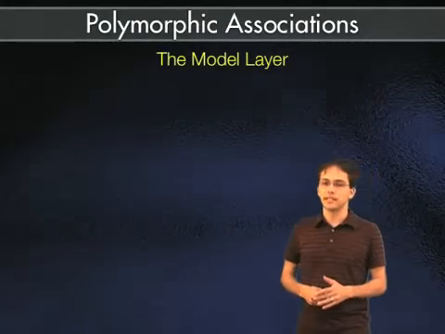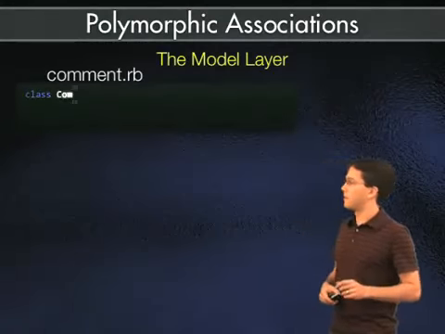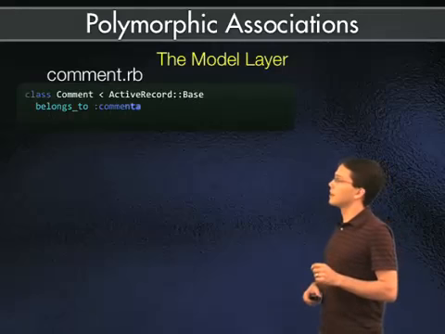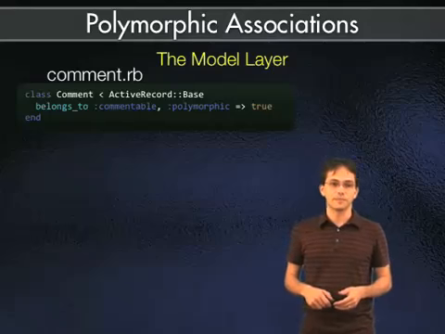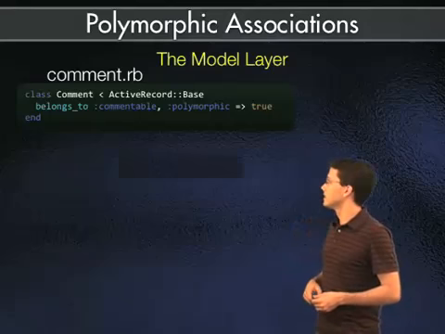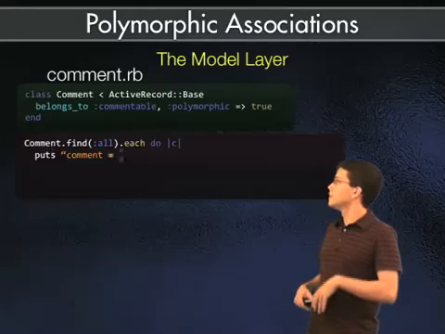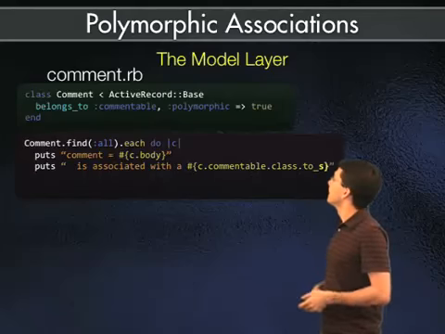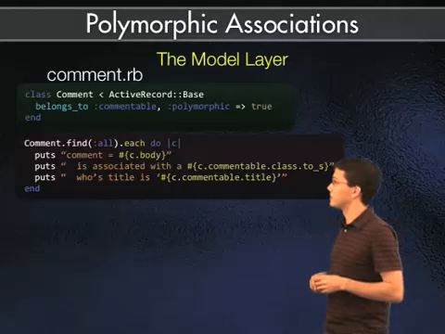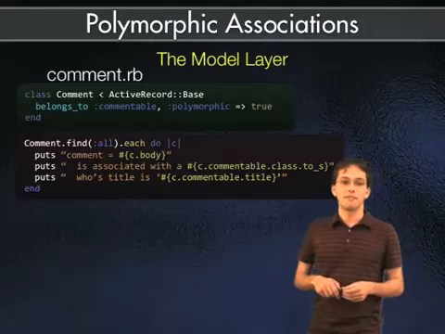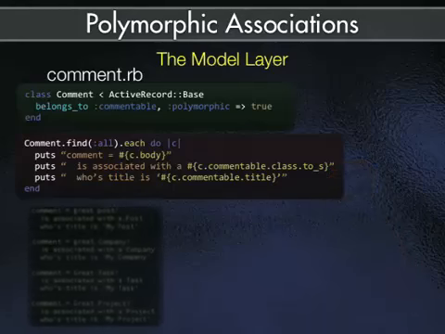In the model layer, what we end up doing is, on the comment model, belongs to commentable, there's that keyword again, polymorphic true. What this allows us to do is find all the comments. We could print out the comment bodies and the class of the commentable association if we wanted to, and the title of that model. What we end up with is something that looks like this.